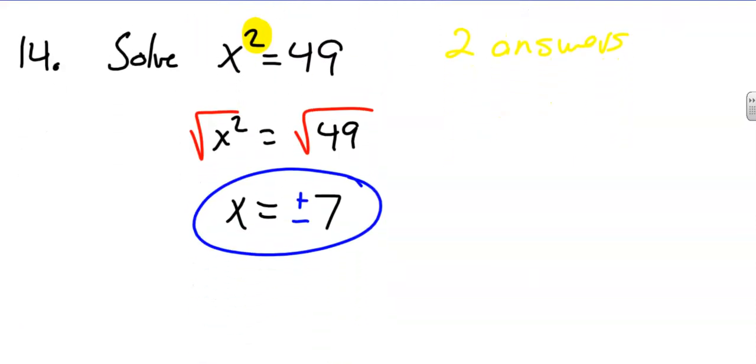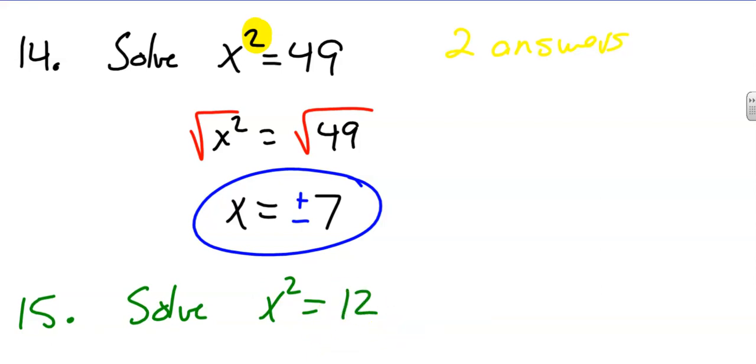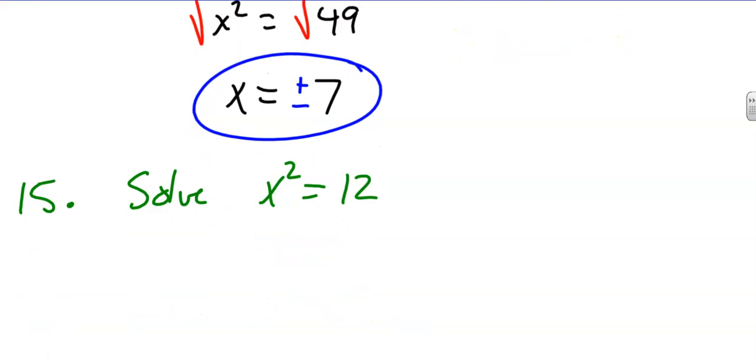Okay. And 15, the exact same setup, the exact same problem. They just change up the number so that it's not a perfect square root. So x squared equals 12, which seems like we've run across that one 2 or 3 times here. Same thing, we're just going to square root both sides.